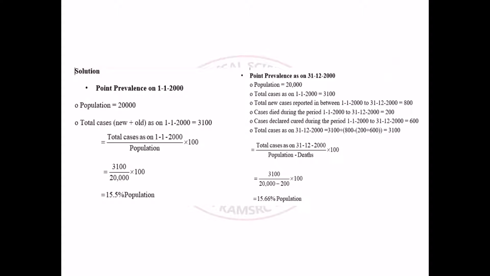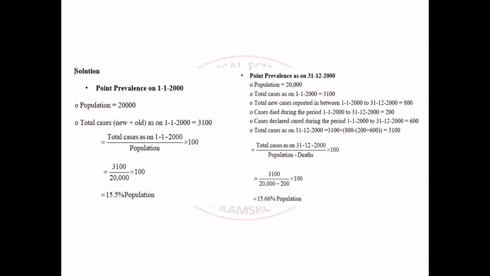That is 3,100 by 20,000 into 100. The answer is 15.5% of the population. Point prevalence is 15.5% of the population.